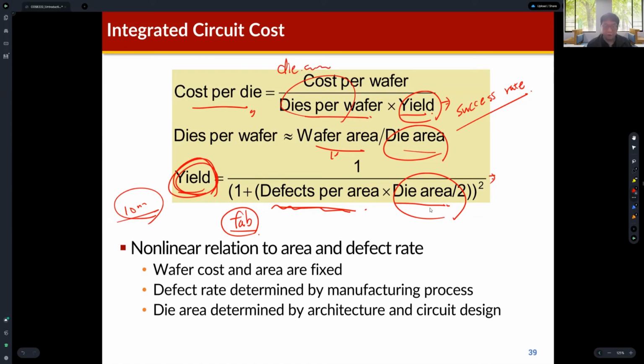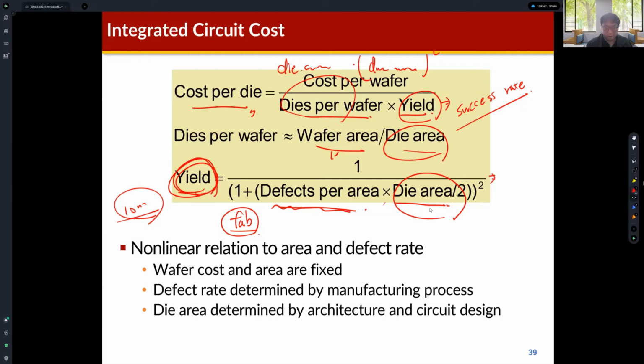And then the yield is 1 plus defect per area multiplied by die area divided by 2, and then squared. So cost per die is also inversely proportional to the yield, which is very similar to the die area squared. So cost per die is actually proportional to the die area cubed.